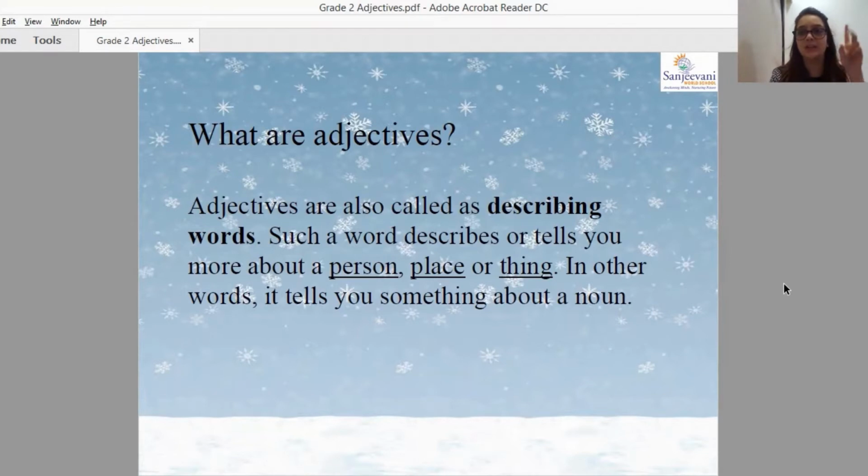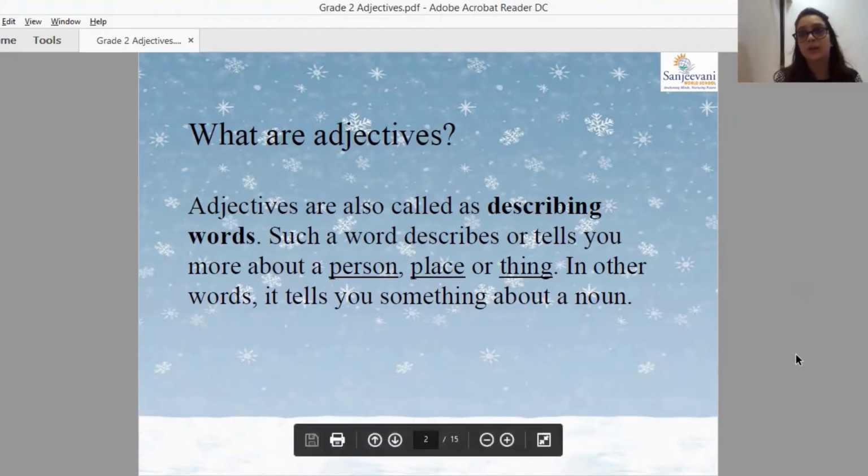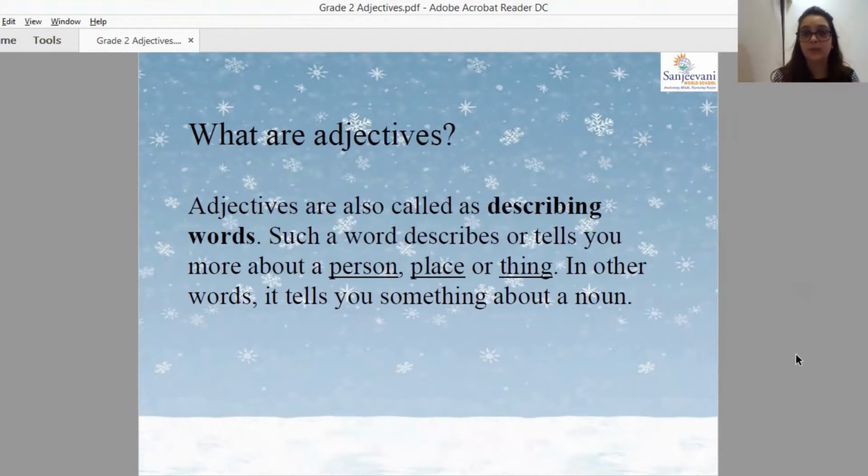Adjectives and describing words both are the same. Such words tell us more about a person, place, or thing. In other words, it tells you something more about a noun. For example, the girl is wearing a pretty dress. It is telling more about the girl. It is telling more about the dress.